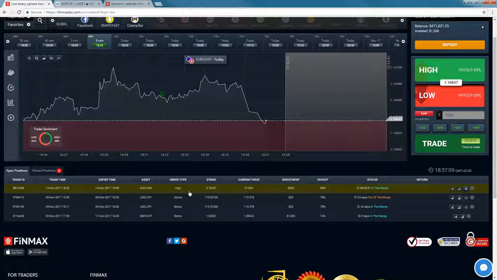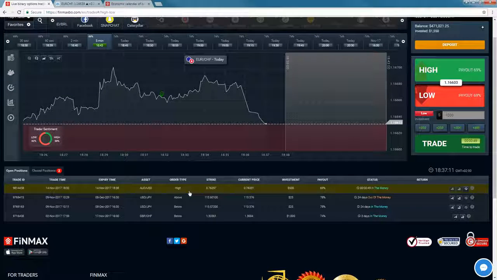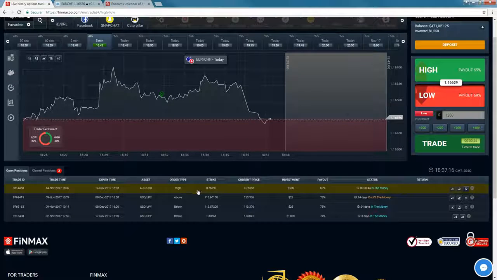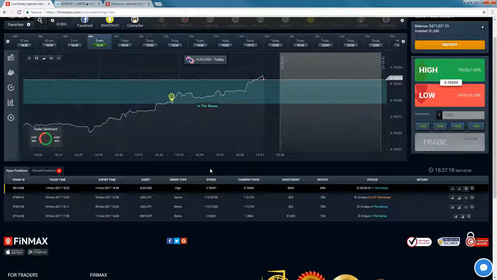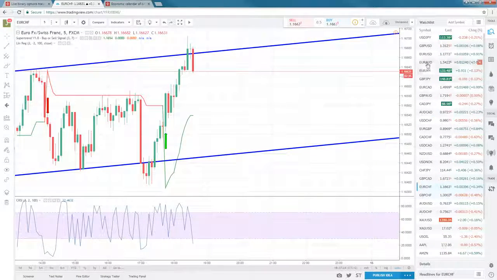Okay, let's look at Australian dollar and USD. I think that this pair of assets will also stay in the money for the following 42 seconds. Let's observe the chart. Here we are.